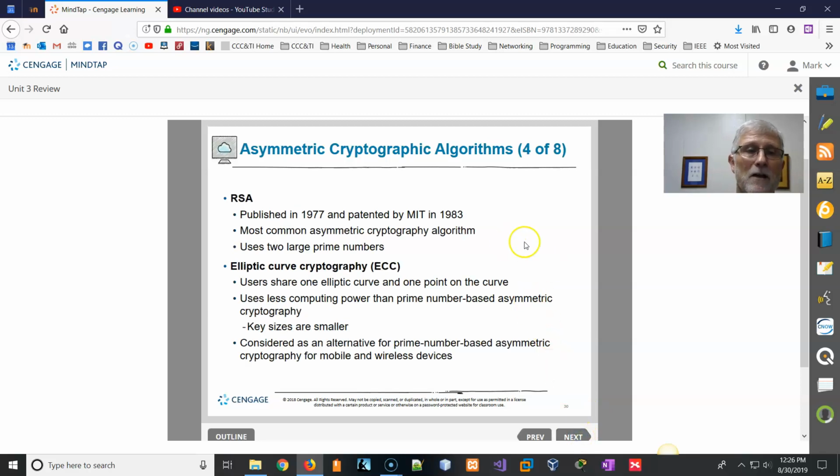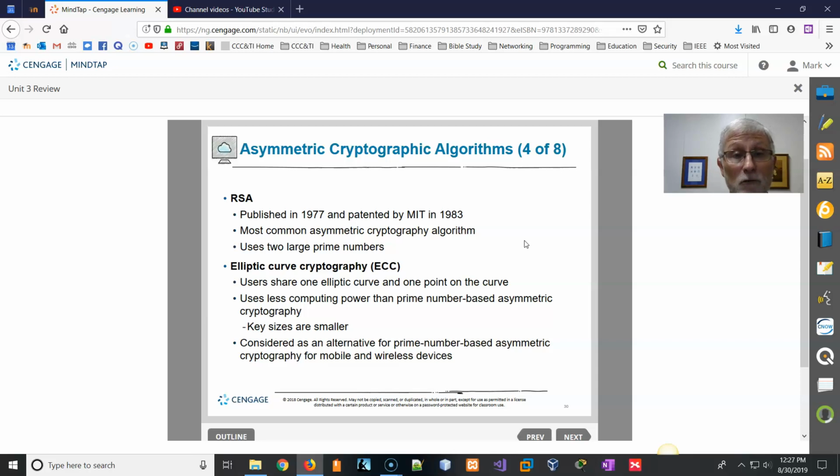Now, the RSA algorithm was done in 1977, patented by MIT in '83. Most common asymmetric algorithm out there. It uses 2 very large prime numbers.